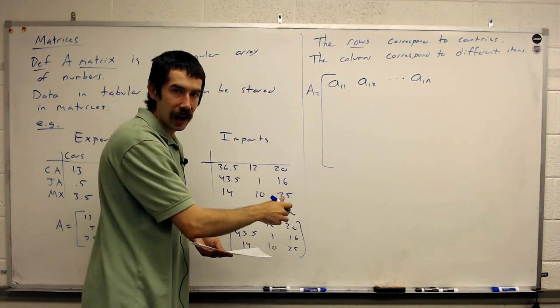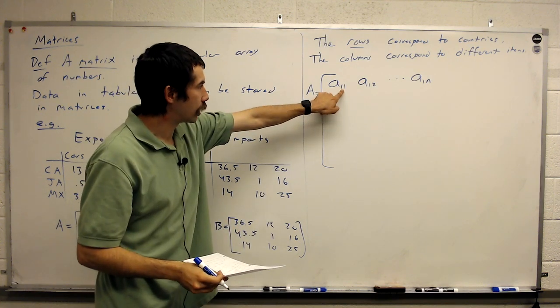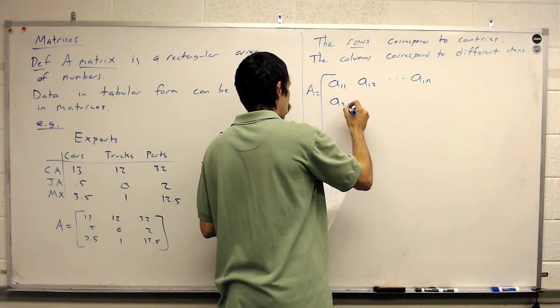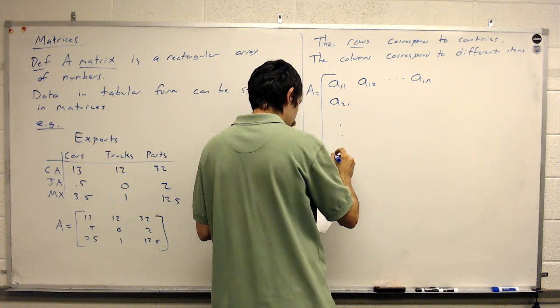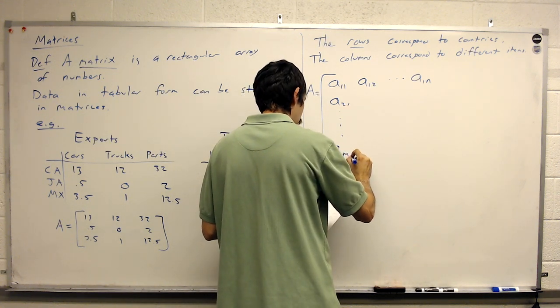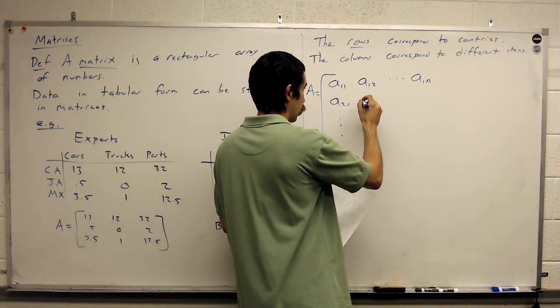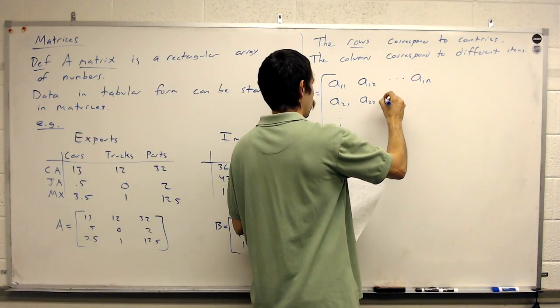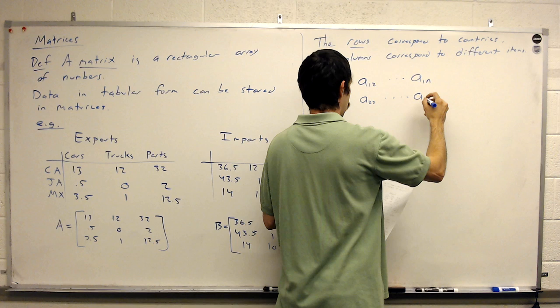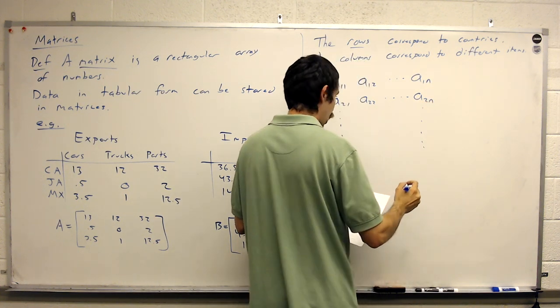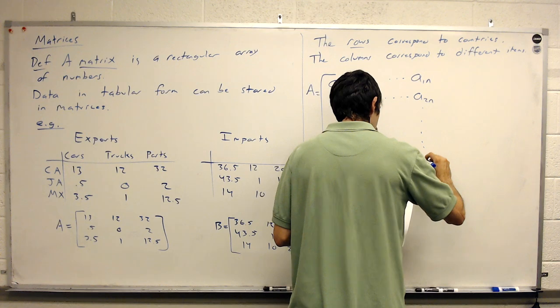As we go down the column, we have A21 all the way down to AM1. This would be A22 all the way to A2N. And then the bottom right entry is AMN.